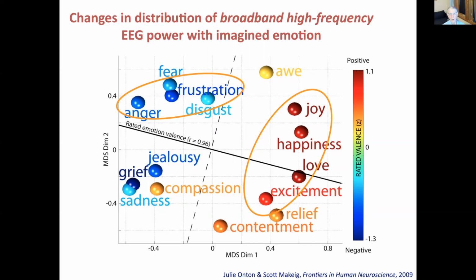And then we found that if you project this 2-dimensional space down to one single dimension, then the fit of the character of the EEG dynamics in the high-frequency broadband modes correlated 0.96 with the ratings of these emotion words by a different group of subjects.